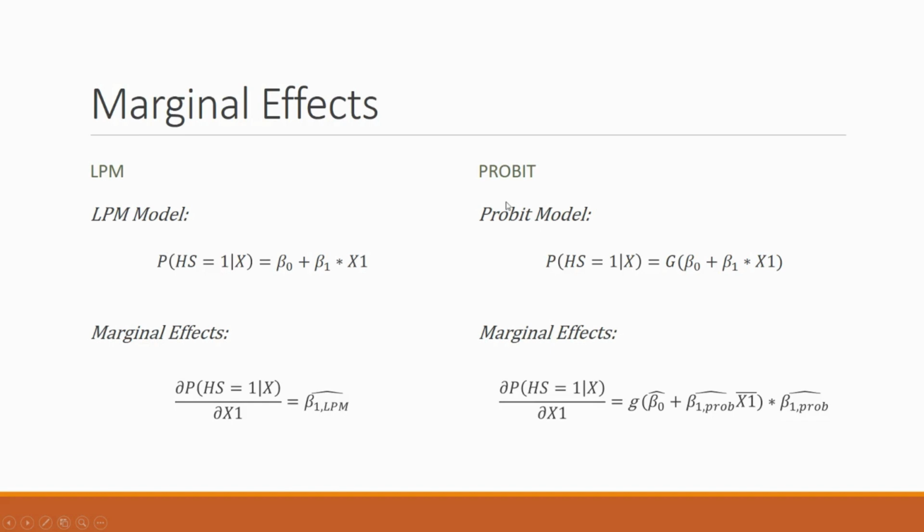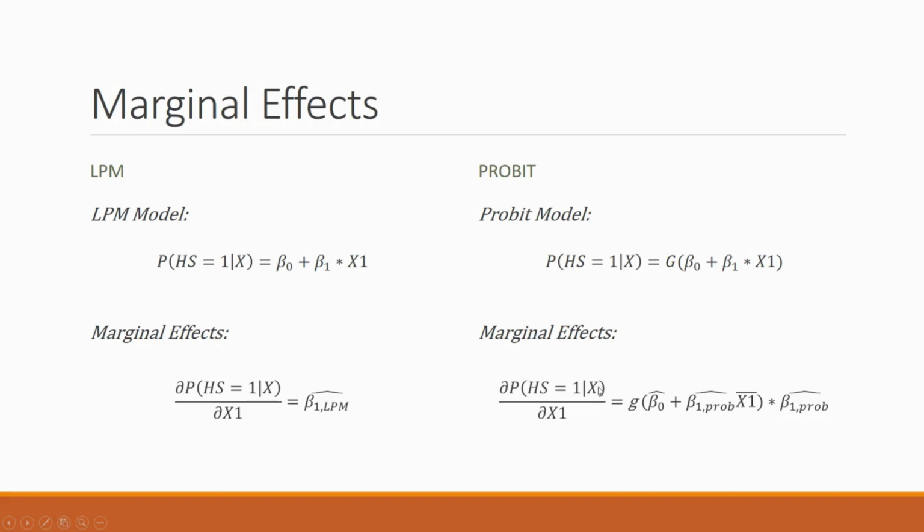But if we use a probit model, all right, now I'm focusing in on probit rather than logit because this is most common. If we use a probit model, if you remember, the probability that the dependent variable will be equal to 1 is equal not to just a linear function, but a nonlinear function of the linear function. So it's a nonlinear function. So when we take the derivative, the marginal effect, we want to know the marginal effect.